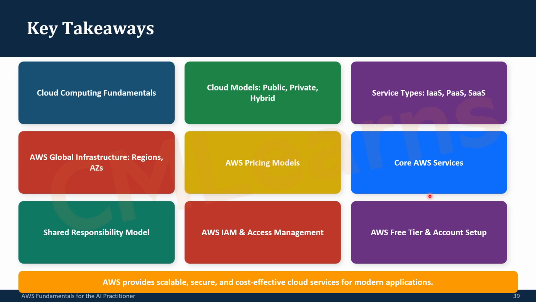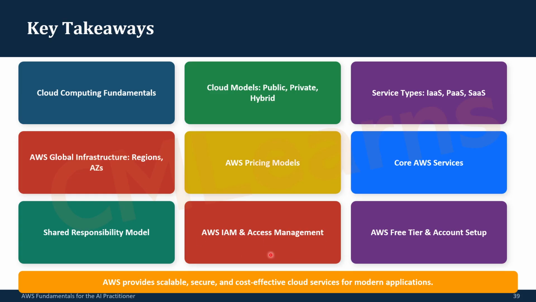And the core services in the context of building a food delivery app, and the shared responsibility model: security of the cloud and security in the cloud. The security of the cloud is handled by the cloud provider, and security in the cloud is the responsibility of the user, stakeholder, or client.